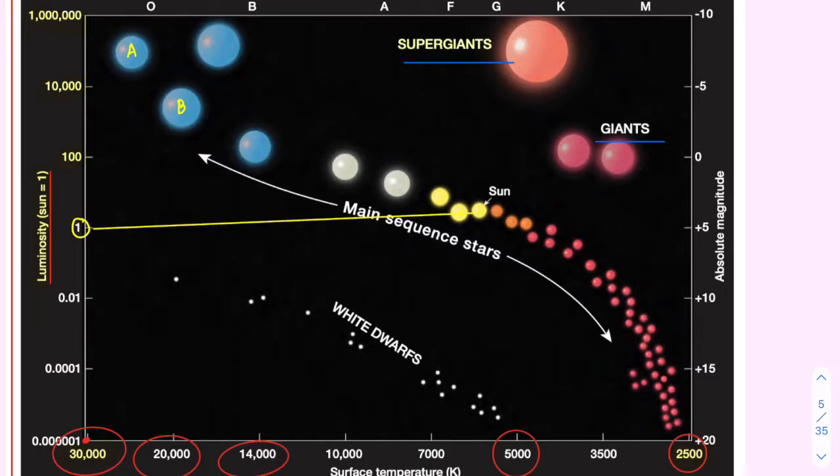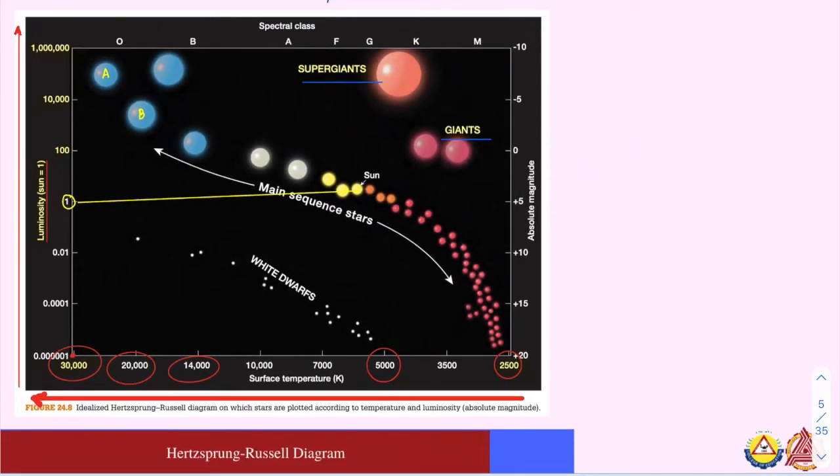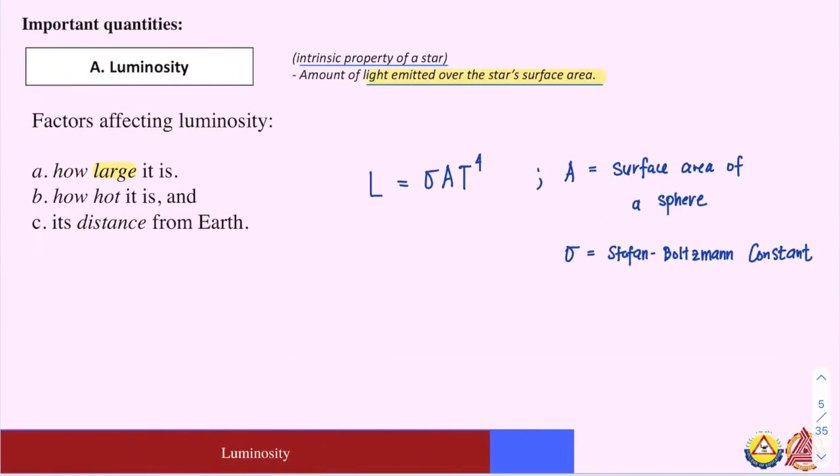Your supergiants, your giants, and larger stars reside in the area where luminosity is high or very high, because as you can see here, your luminosity is actually a function of how large your star is.